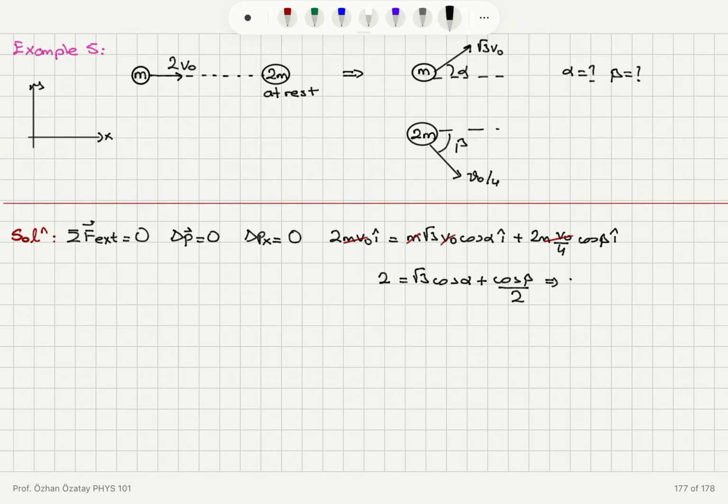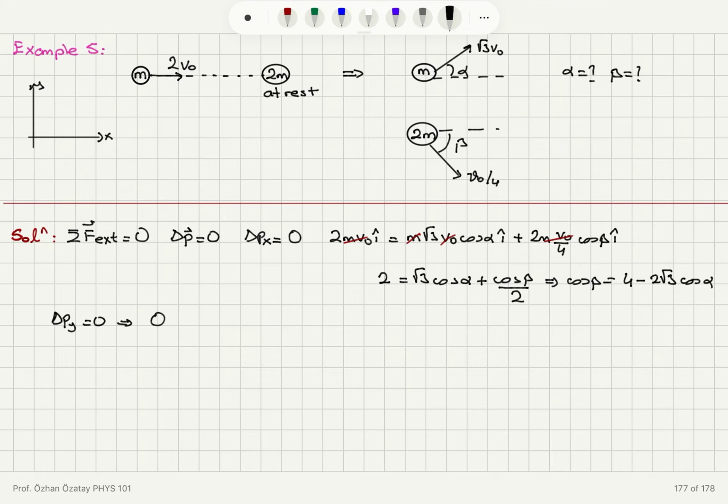So this allows me to write cosine beta as 4 minus 2 square root 3 cosine alpha. So you multiply two sides by 2, 4 becomes 2 square root 3 cosine alpha plus cosine beta, so we can isolate cosine beta. The momentum conservation on the y-axis, delta py is equal to 0.